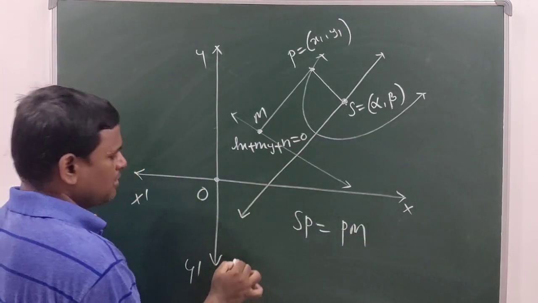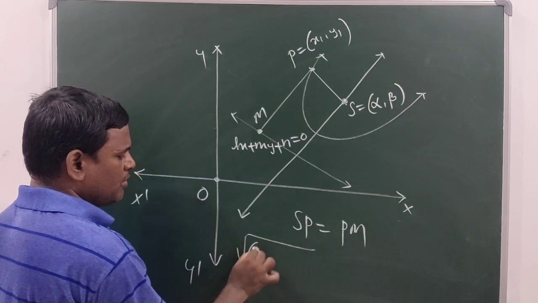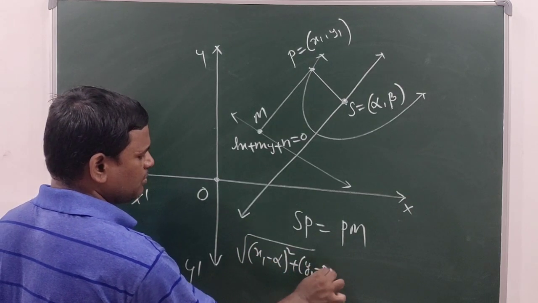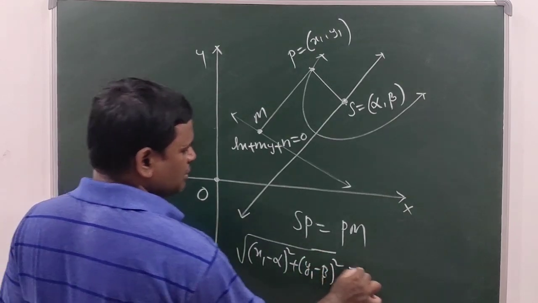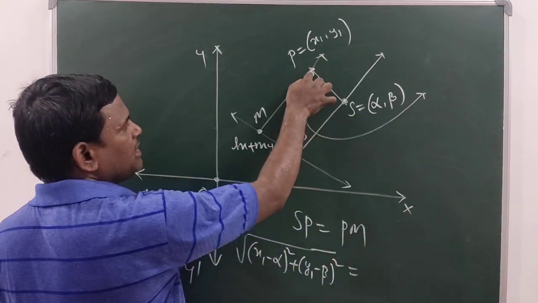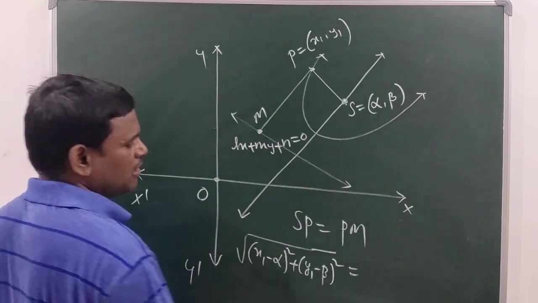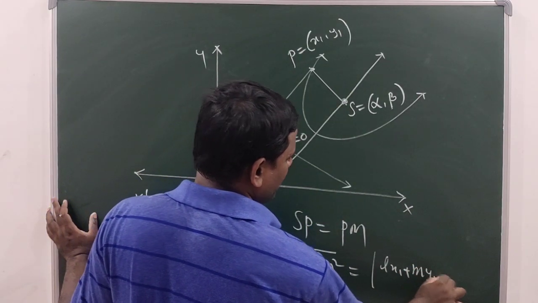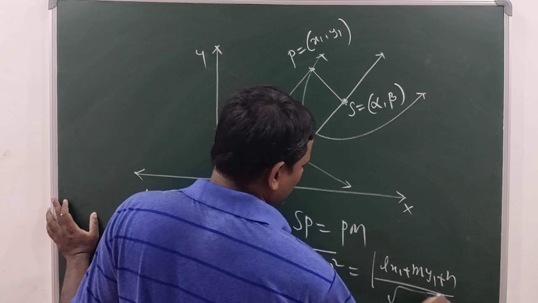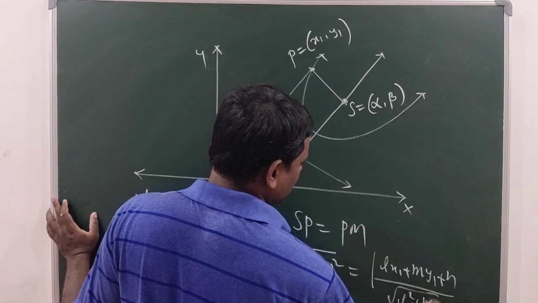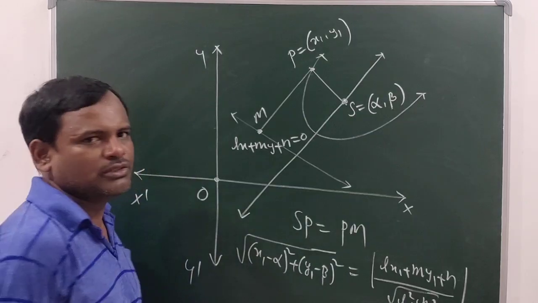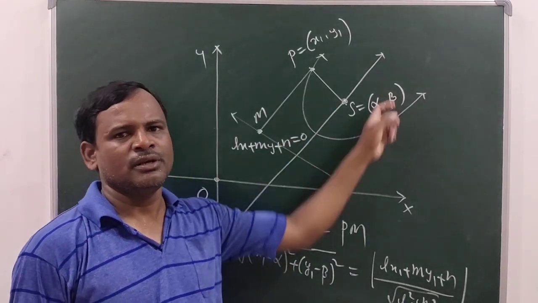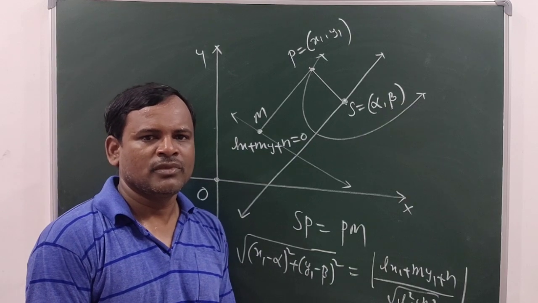SP is the square root of x1 minus alpha whole square plus y1 minus beta whole square, which is equal to PM, the perpendicular distance from this point to this line, mod of Lx1 plus My1 plus n by root of L square plus m square, and go for simplification. On simplifying this, we will get the equation of this parabola.